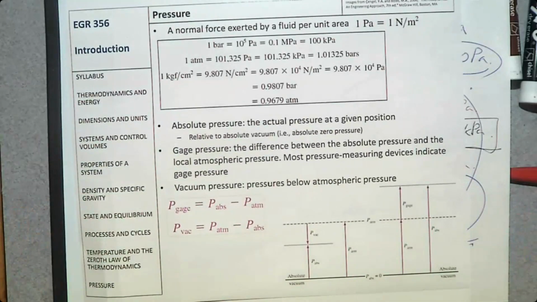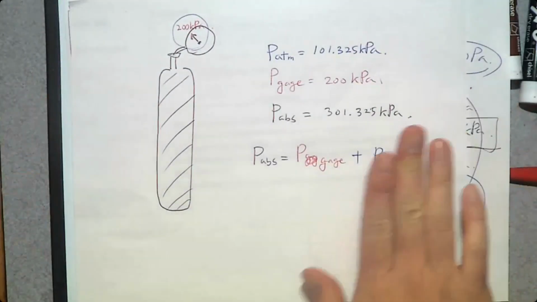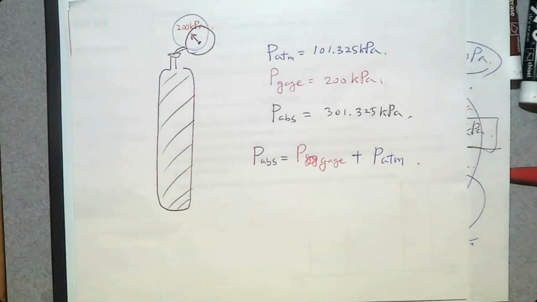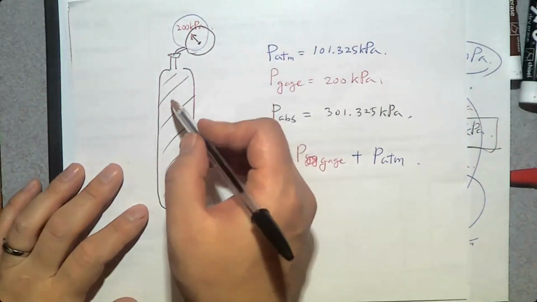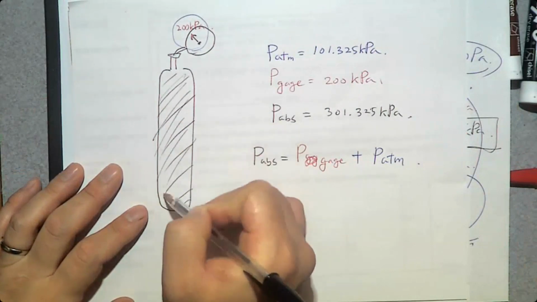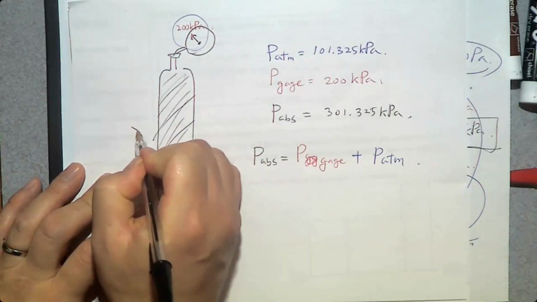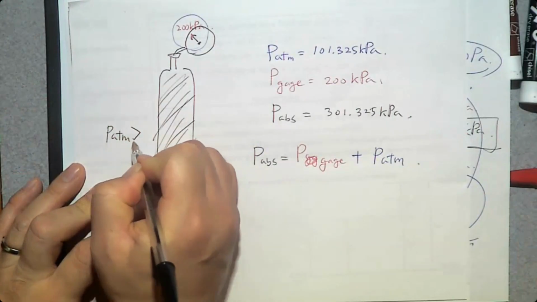The last one, vacuum pressure. I thought we already studied 3 different pressures: atmospheric pressure, gauge pressure, absolute pressure. Why do we need another one, vacuum pressure? The vacuum pressure is needed when the actual pressure inside is less than atmospheric pressure.